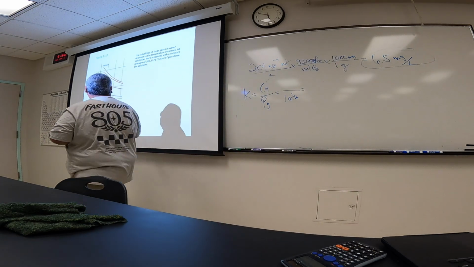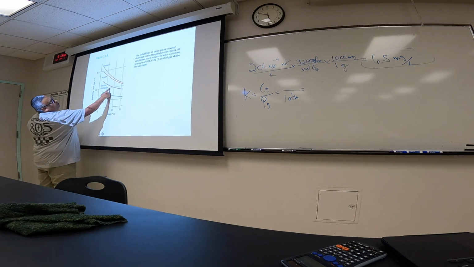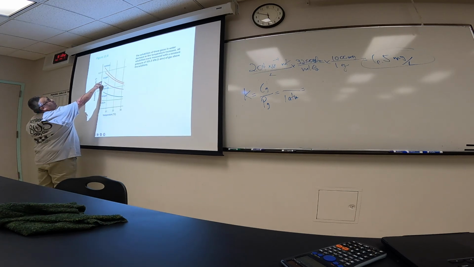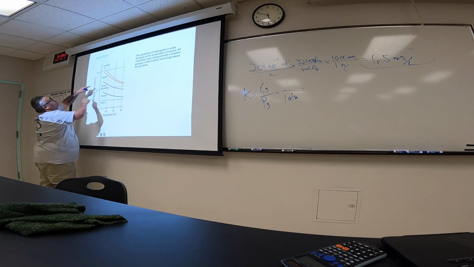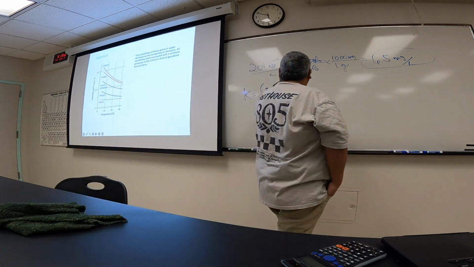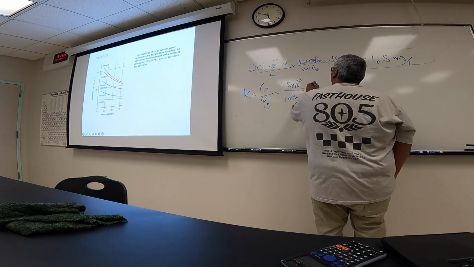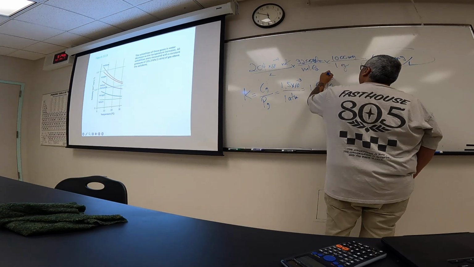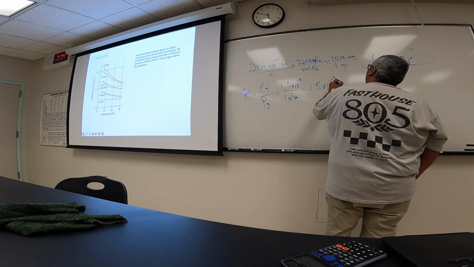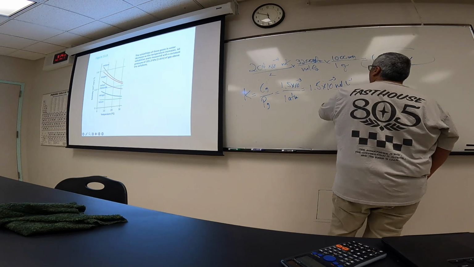And at 15 degrees Celsius, our solubility of oxygen is now about 1.5 times 10 to the minus 3 moles per liter per atmosphere.